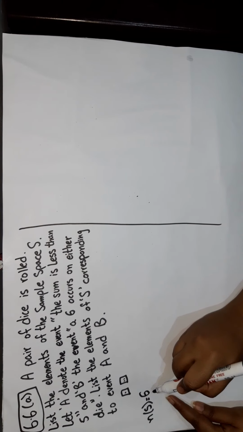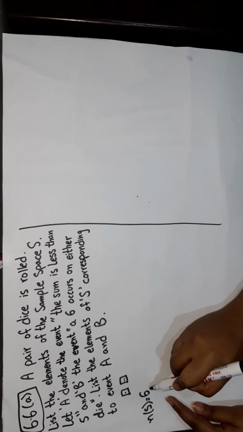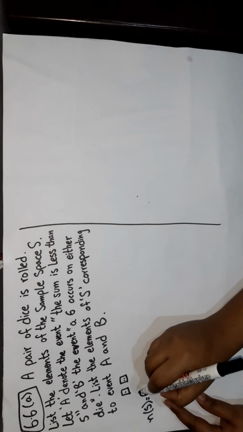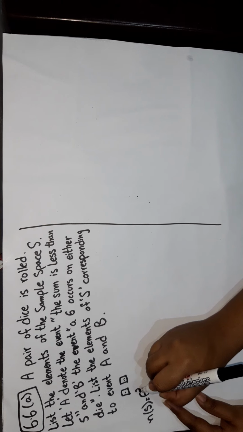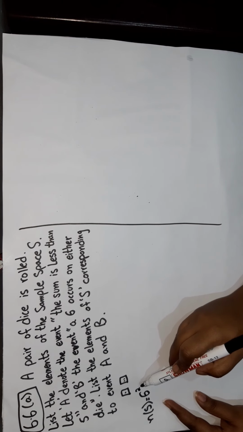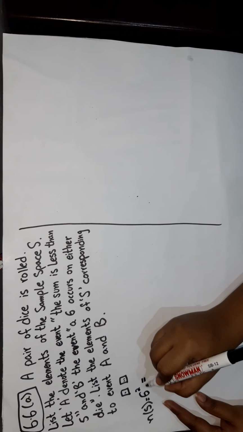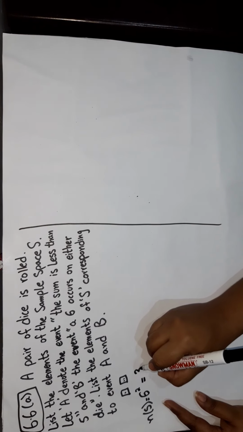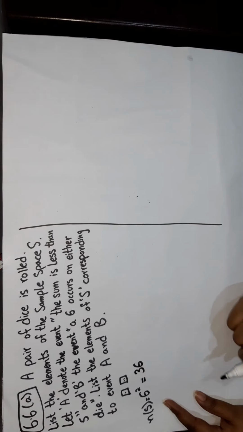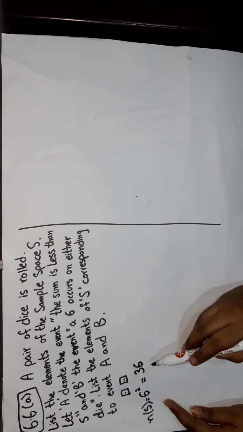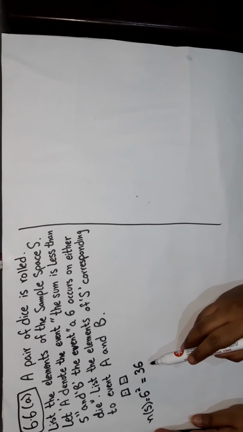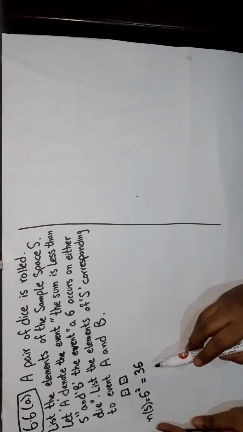There are 6 outcomes in one die, but here we are using 2 dice, so we put the power of 2 on 6. When we take 6 to the power of 2, it becomes 36. So there will be 36 possible outcomes or elements of the sample space.